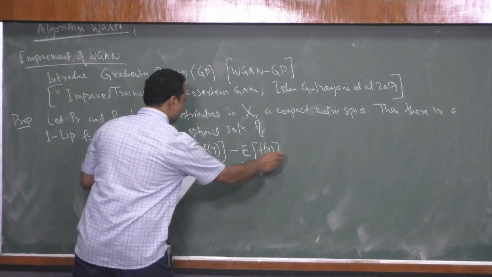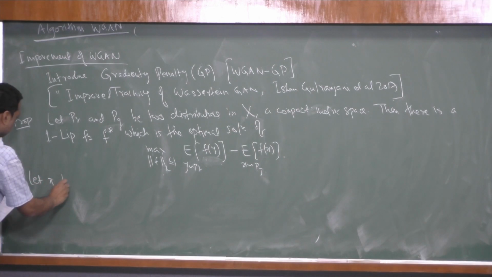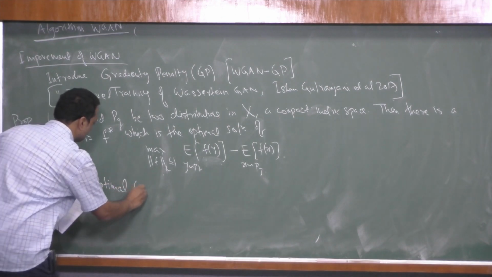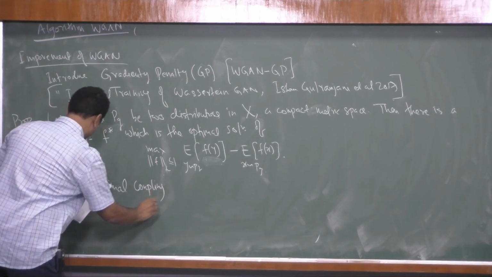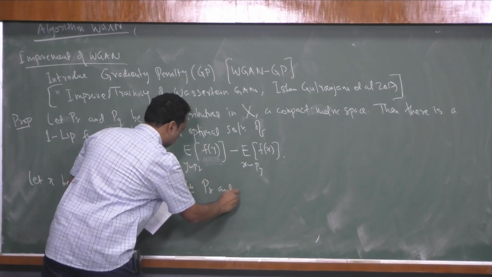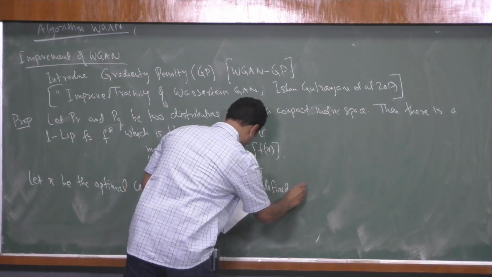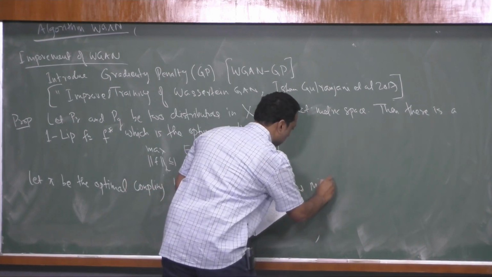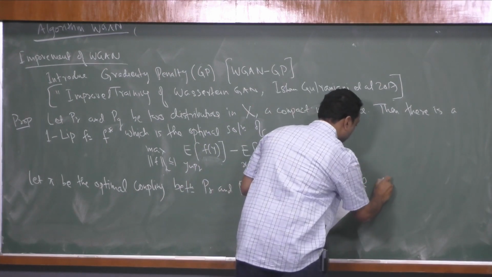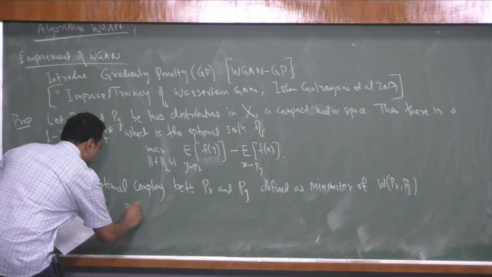Okay, and then let pi be the optimal coupling between P_r and P_g, defined as the minimizer of W(P_r, P_g), which is the original form, right?